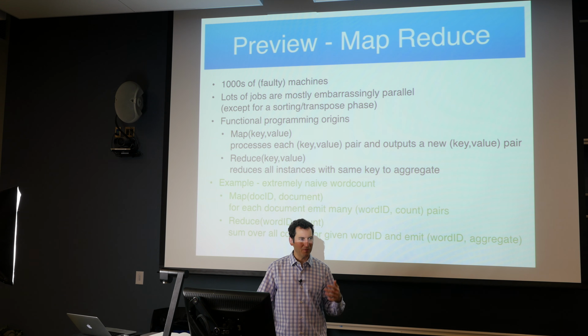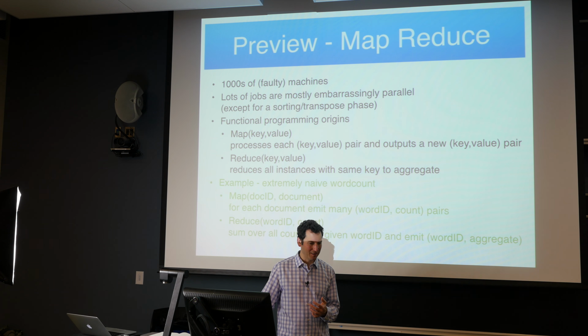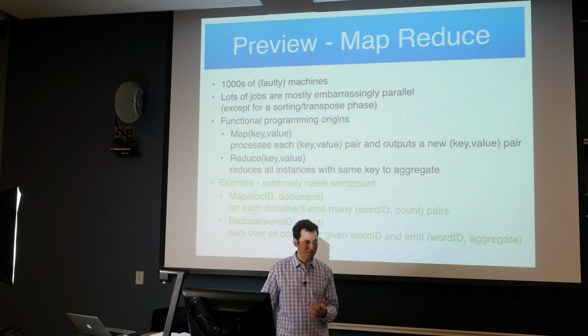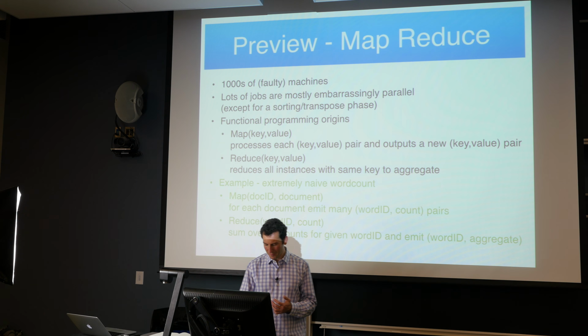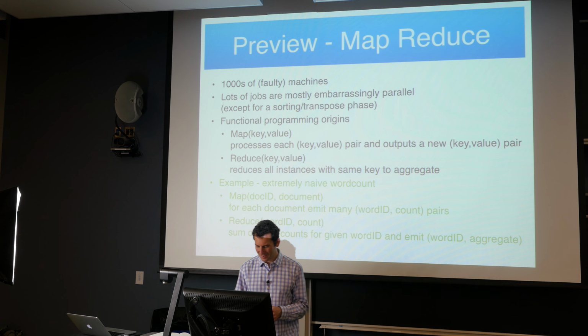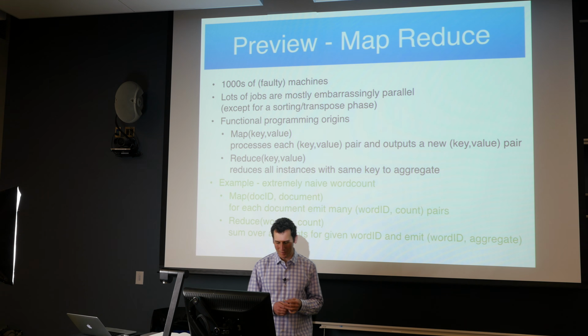It doesn't cover every problem that you might encounter, and companies that try to solve everything with MapReduce usually don't do terribly well. There are some examples, and you can find them on the web.